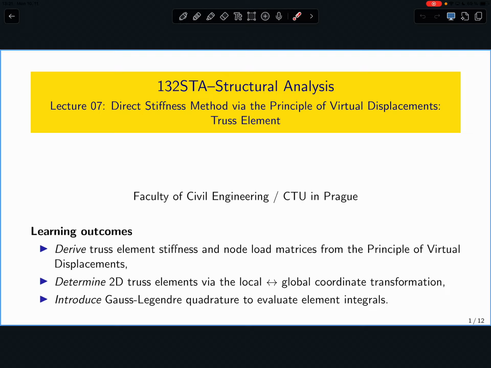The main reason is that if I'm able to do this analysis, these derivations and explanation for truss elements or one-dimensional elasticity, if you wish, then you can actually follow exactly the same kind of logic to treat 2D elasticity parameters.